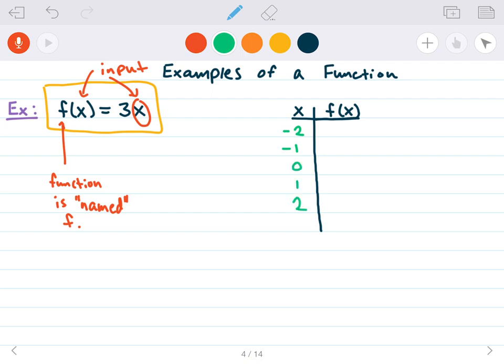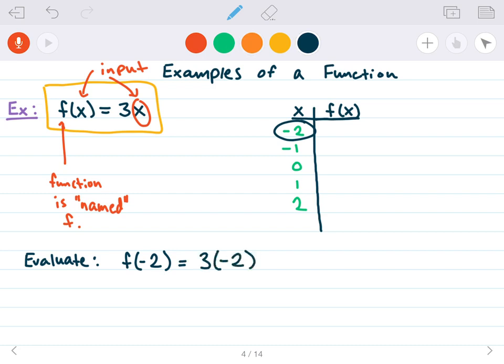Now we want to evaluate this function, first at -2. So -2 is our input.